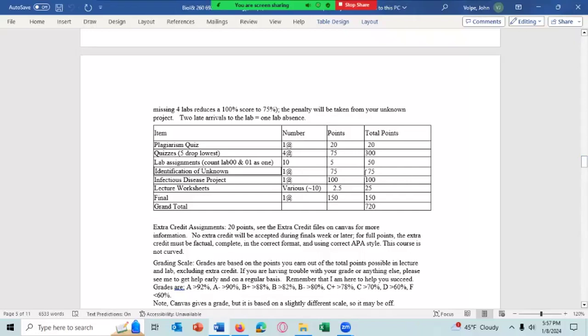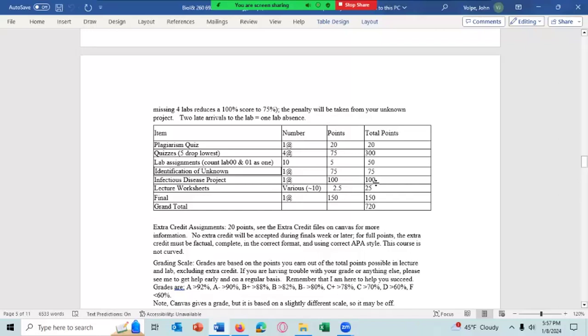All right, so there's the total points, 20 points for the plagiarism quiz. For the total quizzes, 300 points, you get to drop the lowest quiz. Lab assignments, 50 points, generally 10 at 5 points each. That's actually not quite correct. First two are 2.5 points. Identification of unknown, the lab report, 75 points.